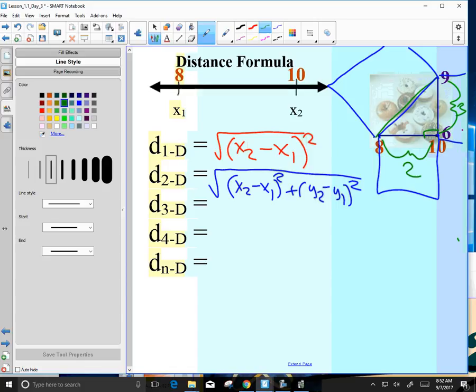Do you have any guess of what this 3D would be if we use Z2 and Z1? Take a wild guess. X2 minus X1 squared, yeah? Plus what? Y2 minus Y1 squared. You are correct.